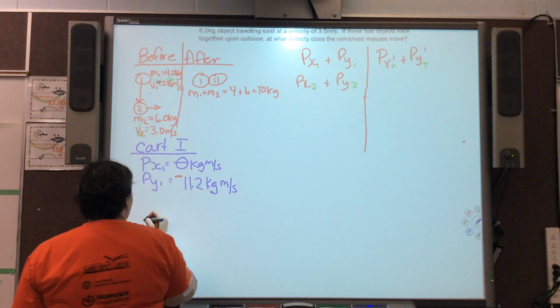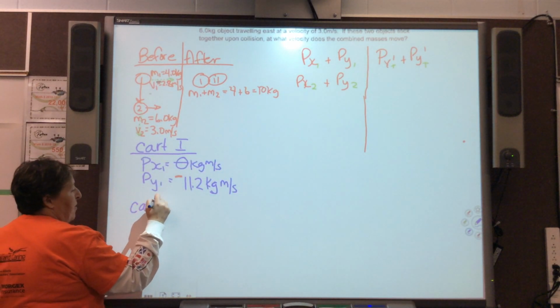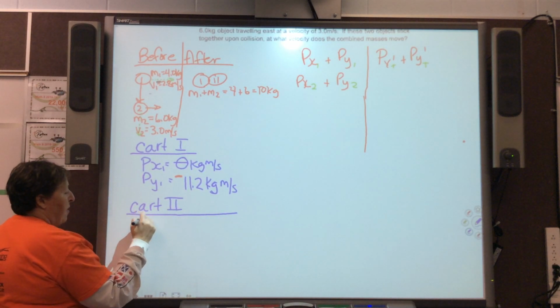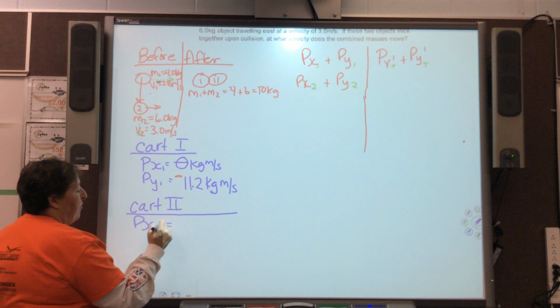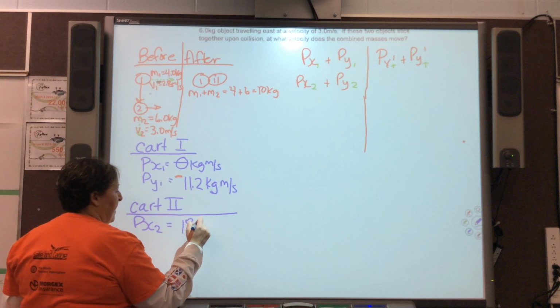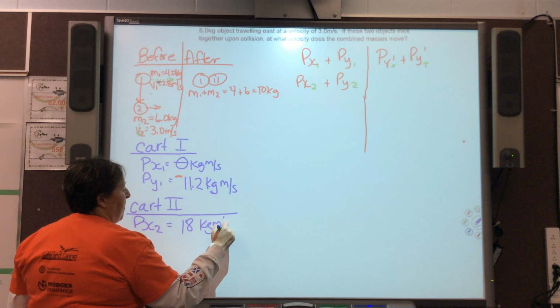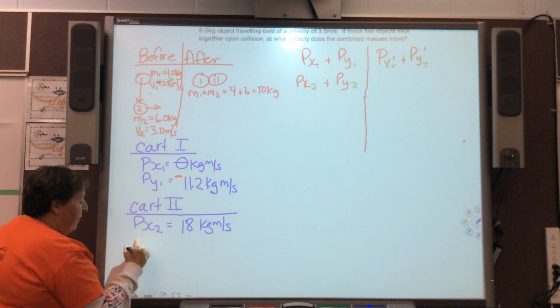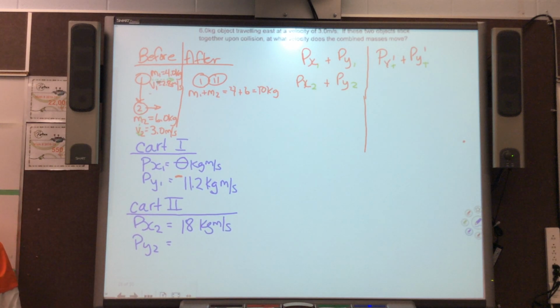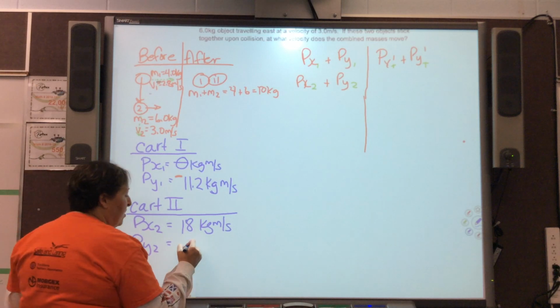Okay, cart 2. What is momentum in the x direction for cart 2? And what about the momentum in the y direction for cart 2? Why, Reese? Because there's no velocity in the vertical direction.